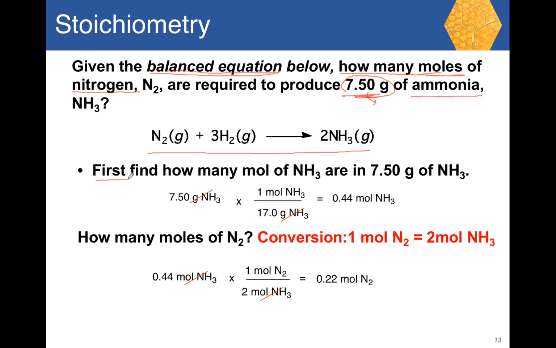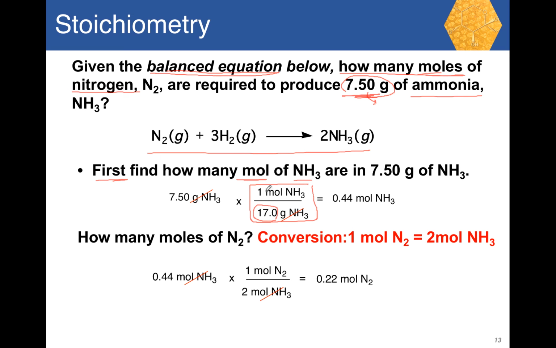So the first thing we need to do is to find the number of moles of ammonia. We know the conversion factor is right here. We know that 1 mole of ammonia is equal to 17.0 grams of ammonia. Why 17? Because this is the molecular weight of ammonia.